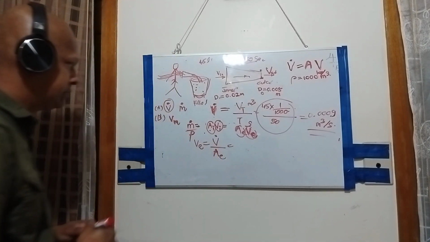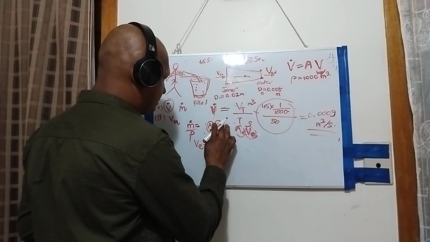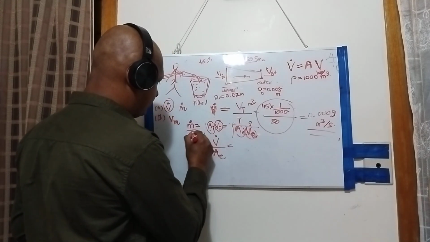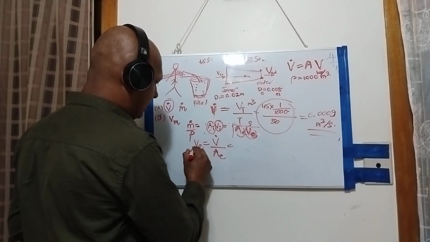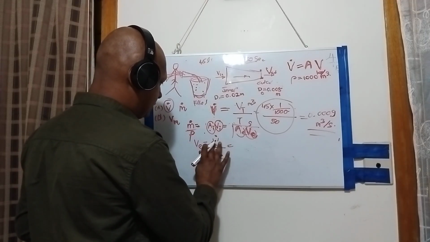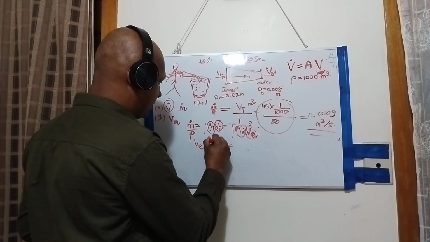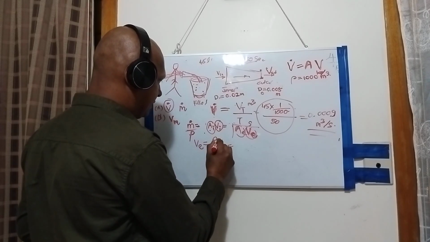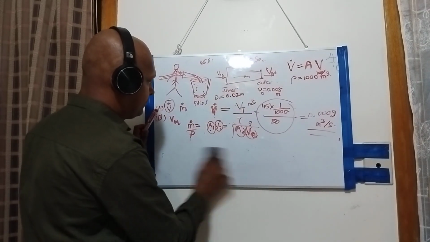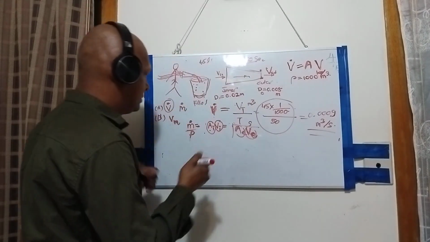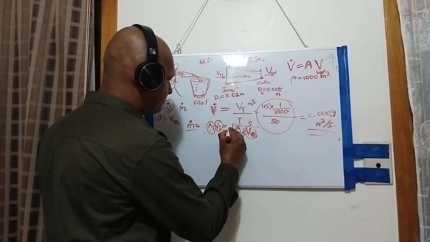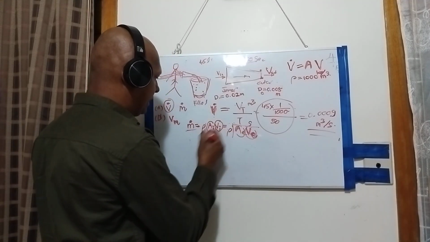Alright? So a volume flow rate would be... Now if you consider this part, so rho VE equals rho times... so mass flow rate, let's put the rho back.